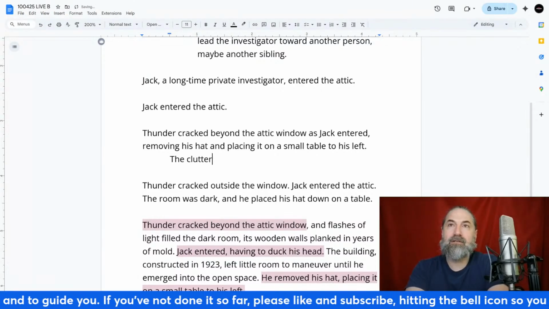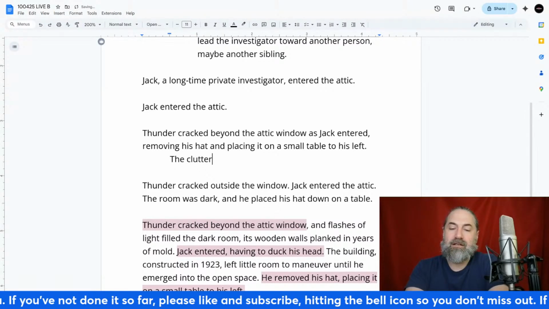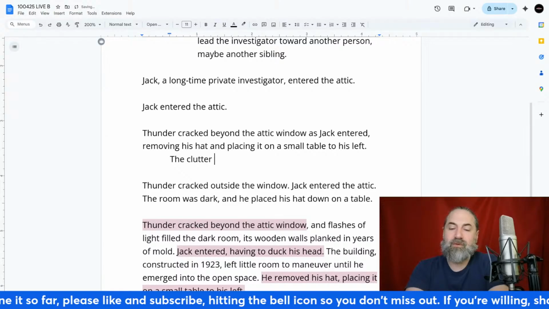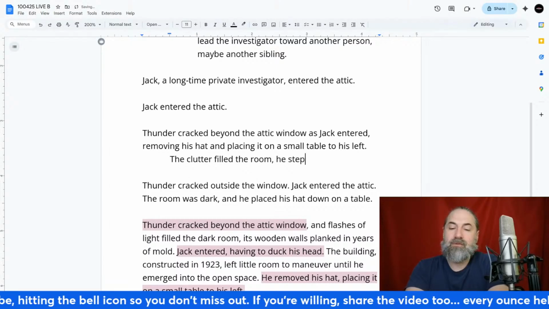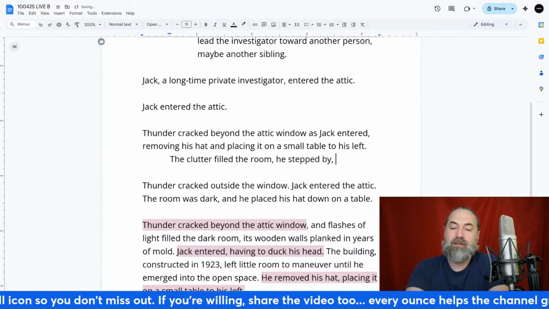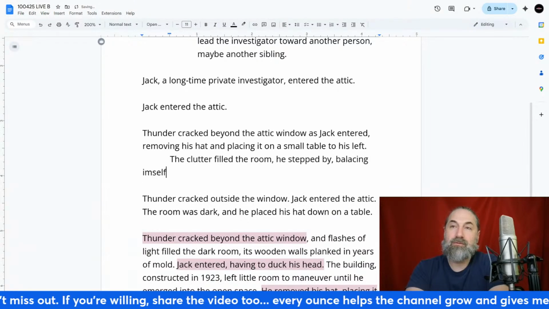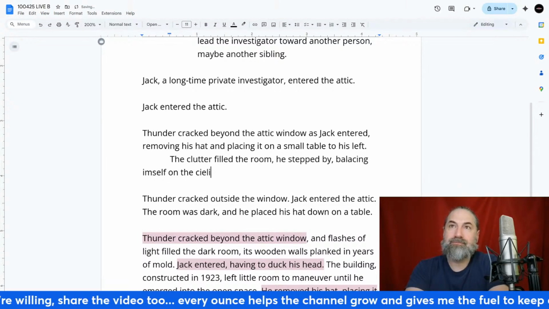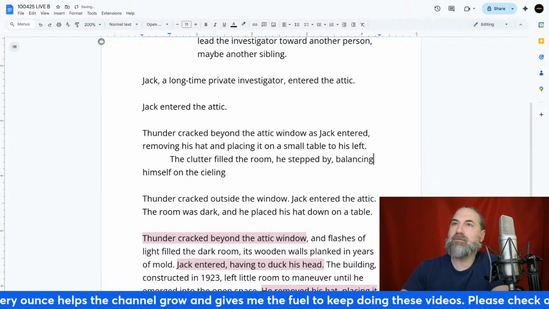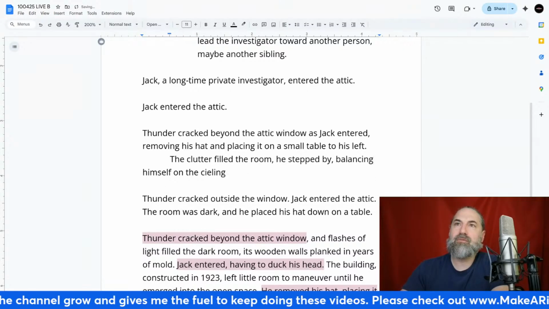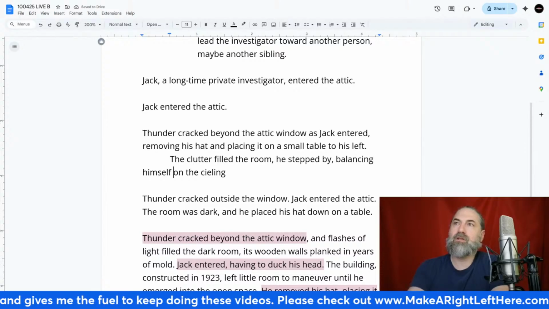The clutter push, the clutter filled the room. He stepped by it, balancing himself on the ceiling. Ooh, balancing himself. Well, we could do this.